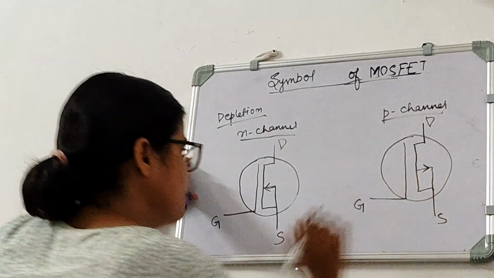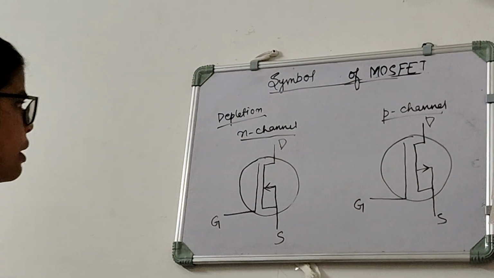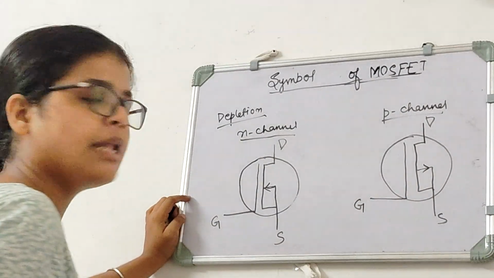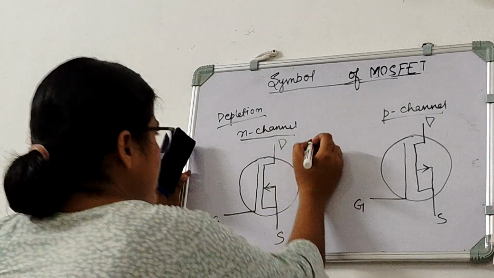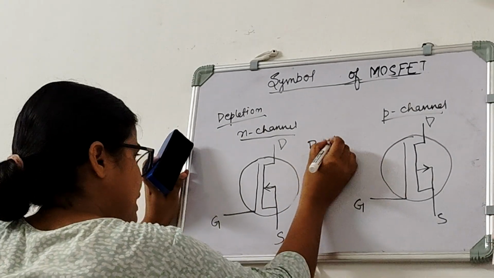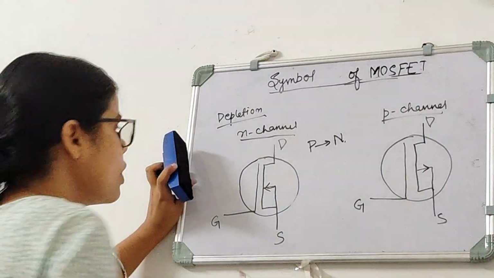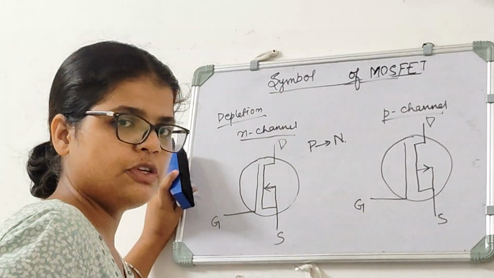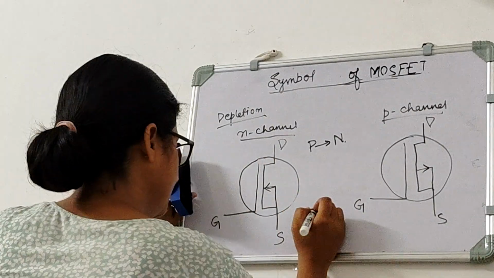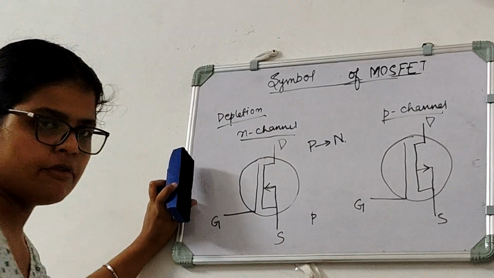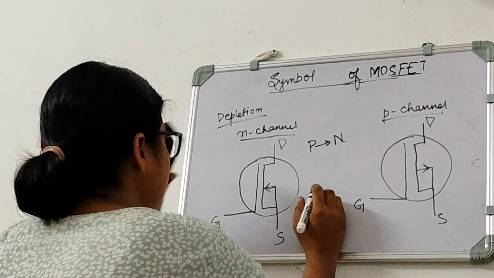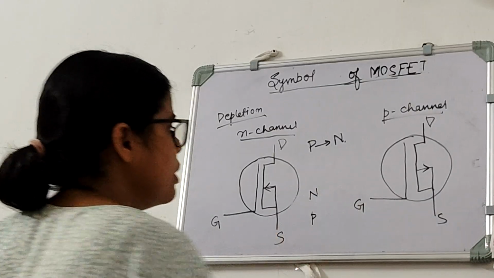The only difference between these two is that in this, the arrow will be inward, and in this, the arrow will be outward. Now, how to remember in which direction the arrow will be in N channel and in which direction in P channel? We will just use a simple trick, that is P to N. In N channel MOSFET, as we saw, our substrate is P substrate, and we have an N type channel.